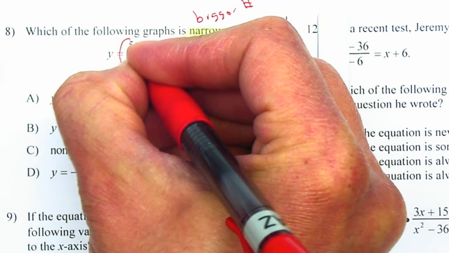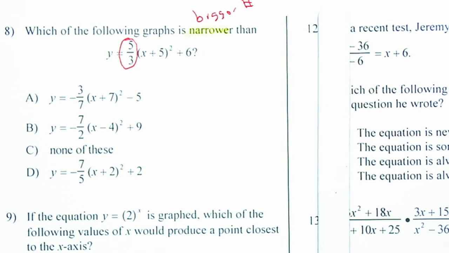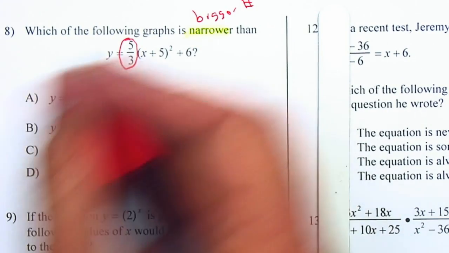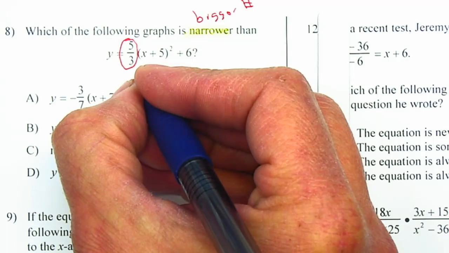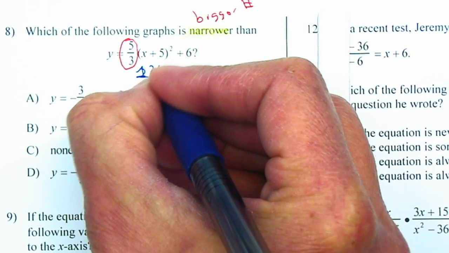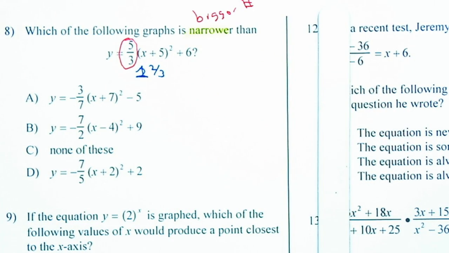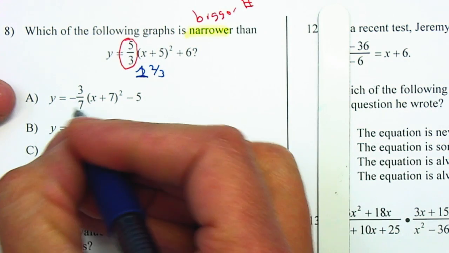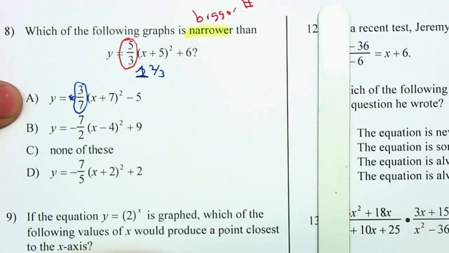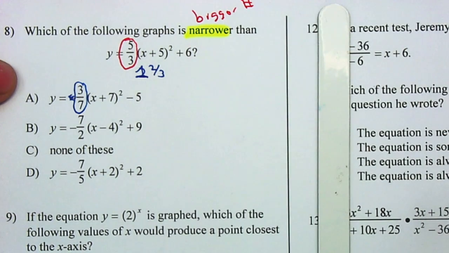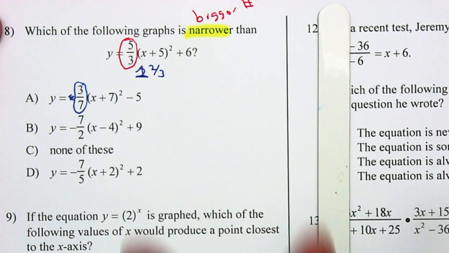So we're looking for a bigger number than 5/3. 3 goes into 5 once, and there's 2 left over. So 7, remember the negative or positive, the only thing that it does, it flips it, but it doesn't change the shape of the graph.